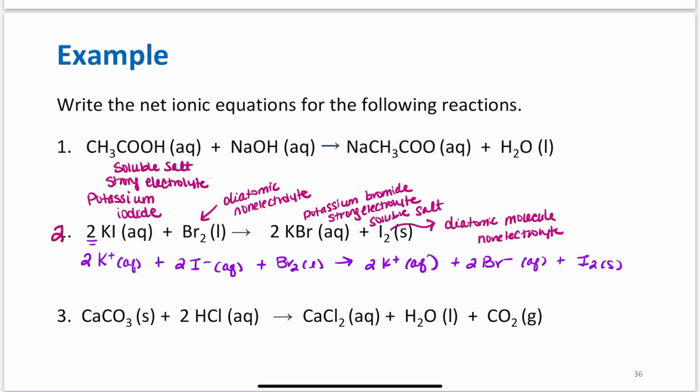If I look here, the only spectator I have is K plus, or the potassium ion. The driving force of the reaction is the formation of I2. So that's why the reaction occurs, to form I2.